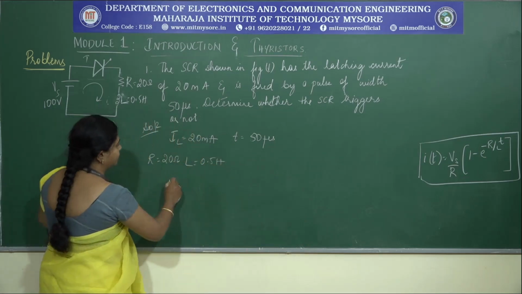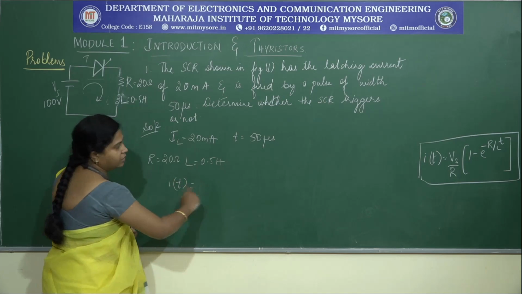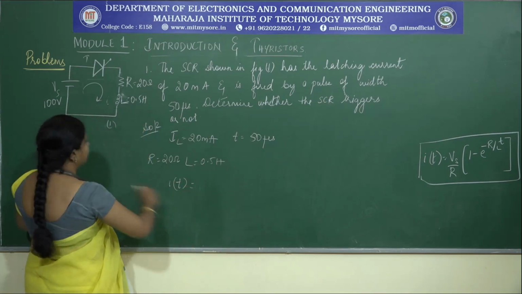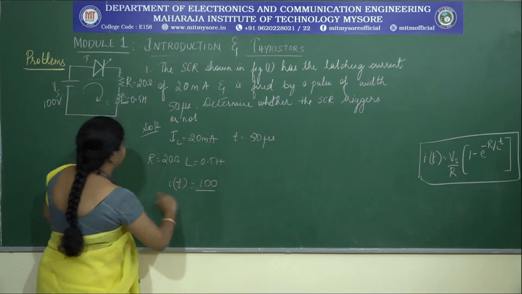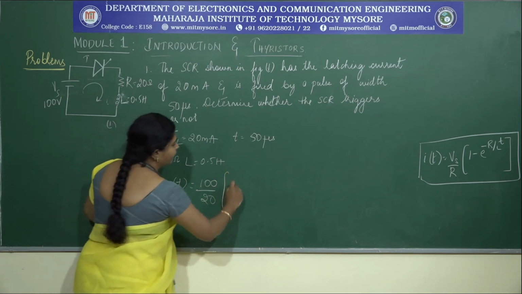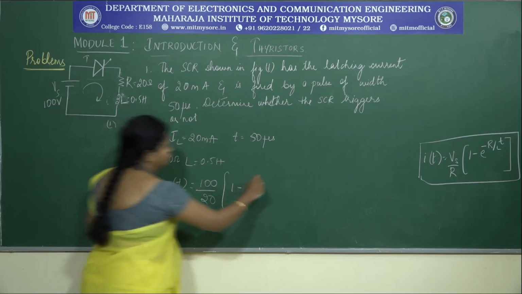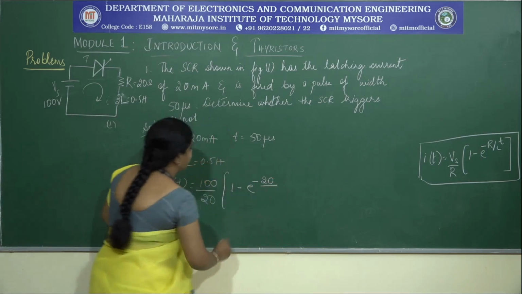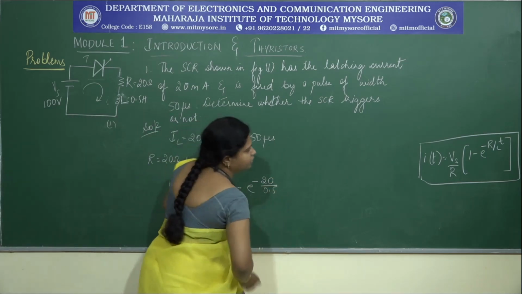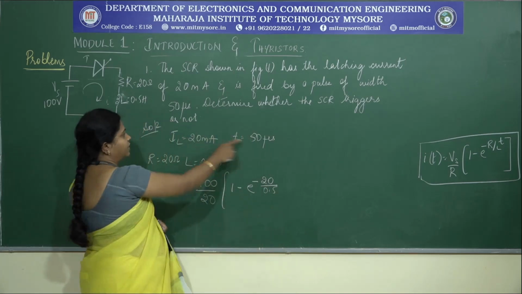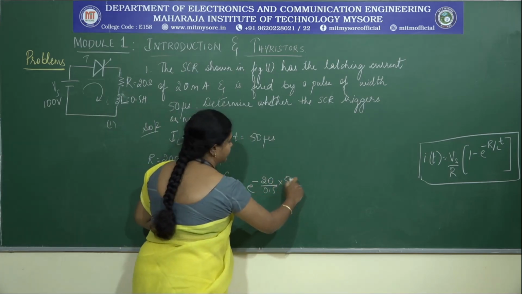I of t is equal to Vs by R, which is 100 volt divided by R is 20, 1 minus e to the power of minus R value is 20, L is 0.5 into T. What is the value of T? 50 microseconds.